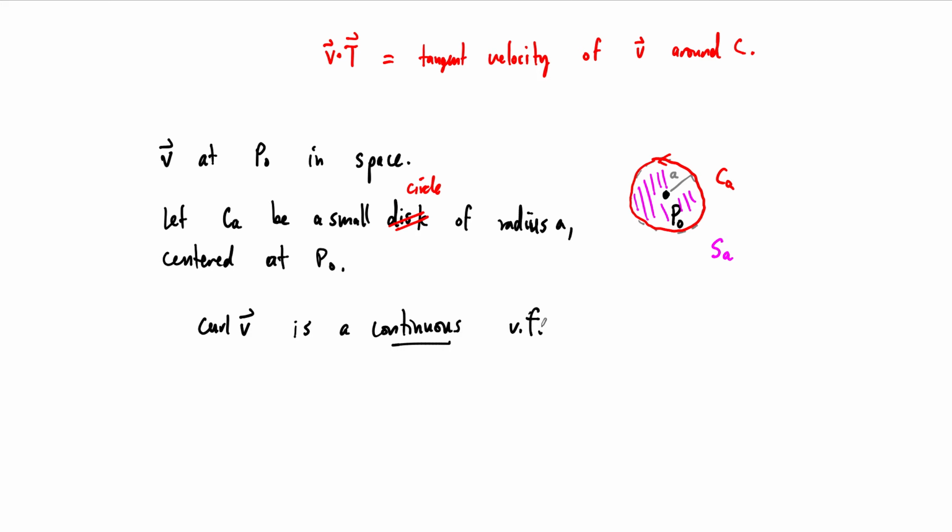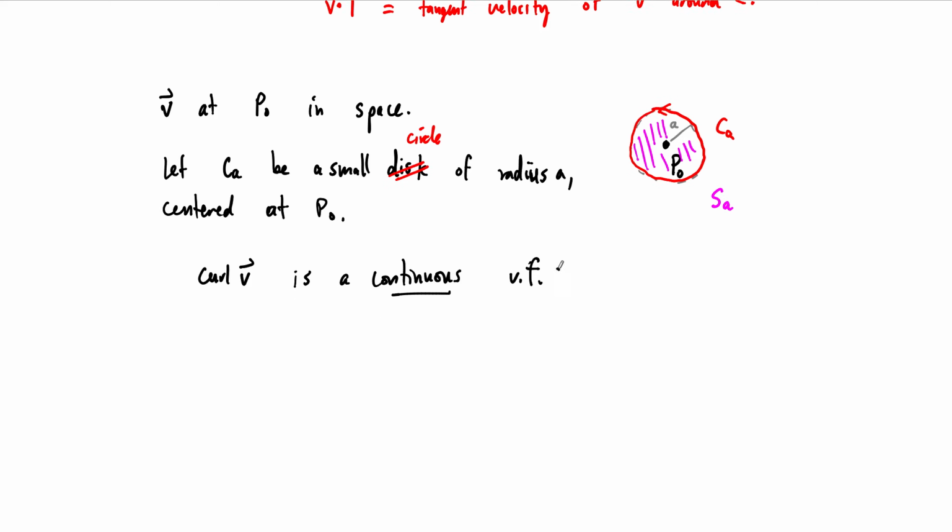Well, as we know from our studies of now 3 semesters of calculus, continuous means that the values of the vector field at nearby points can't vary too much from the value of the curl of v at the point P naught. And so what we learn is, because of this, the curl of v at nearby points P is about the same as the curl of v at P naught.